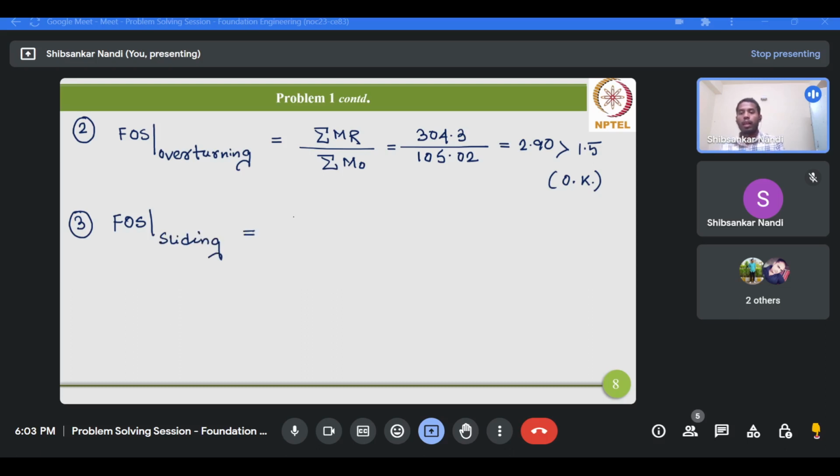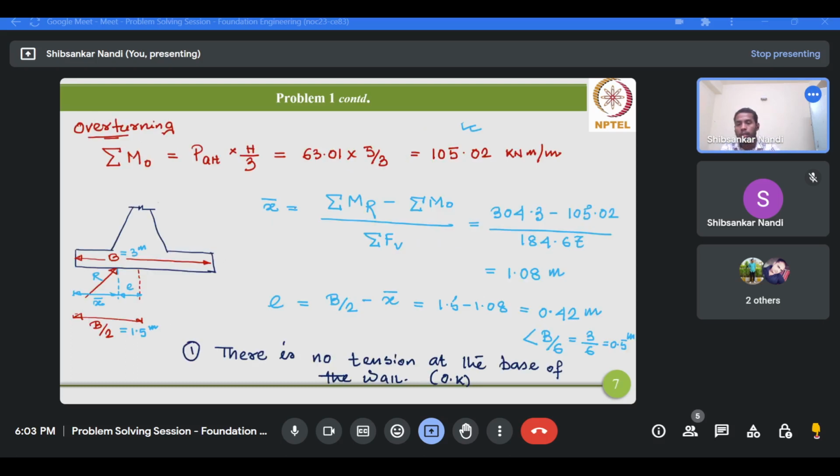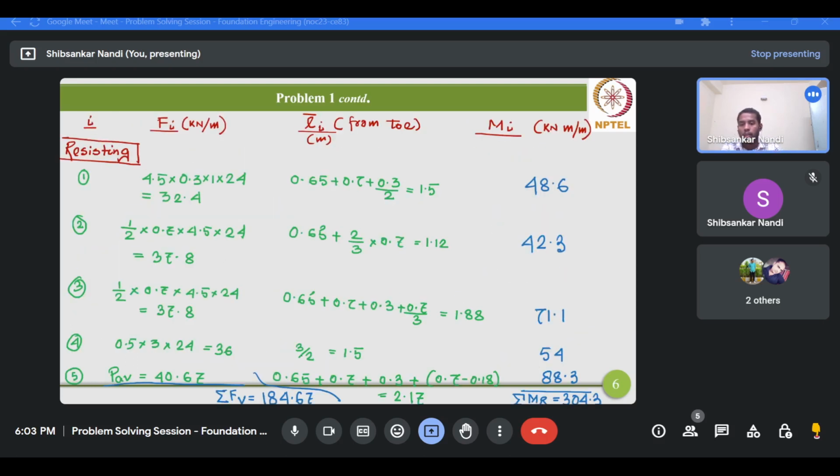Now how can we calculate it? We can calculate in this fashion: summation of FB tan delta plus CA B divided by summation of FH. Now summation of FB, that we know, is 184.67.